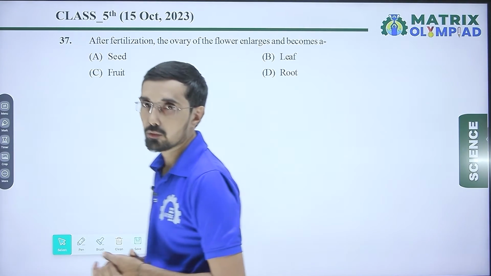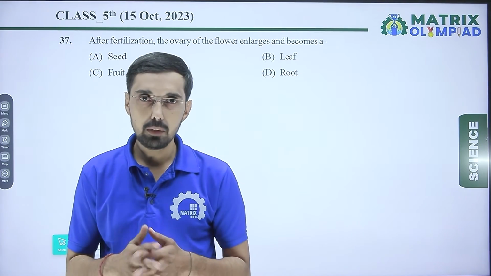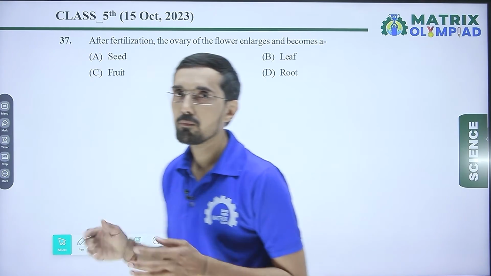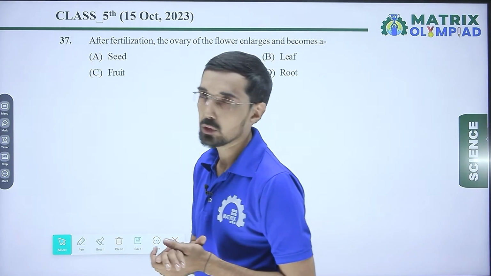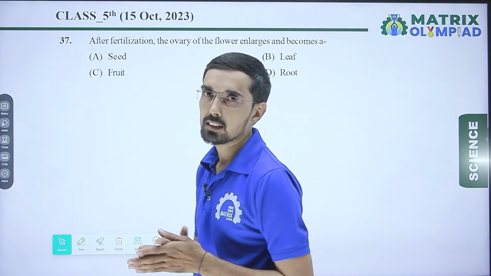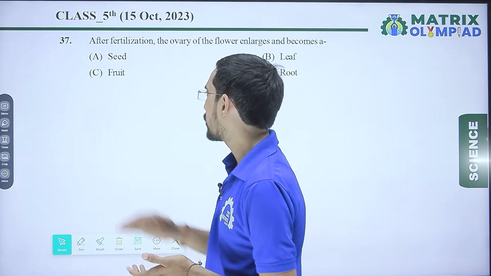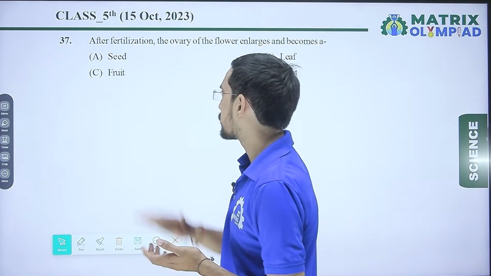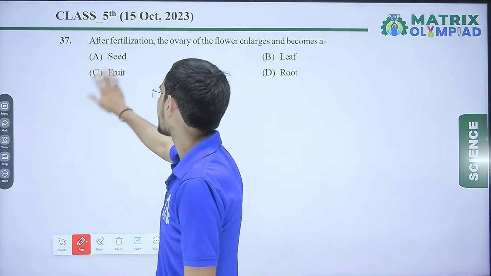As we know that fertilization is the process by which male and female gamete fuse together and form a zygote, and then zygote develop into the embryo. In case of plants, the part which is developed into a fruit, that will be ovary. Ovary develop into fruit. Our correct option will be option C.